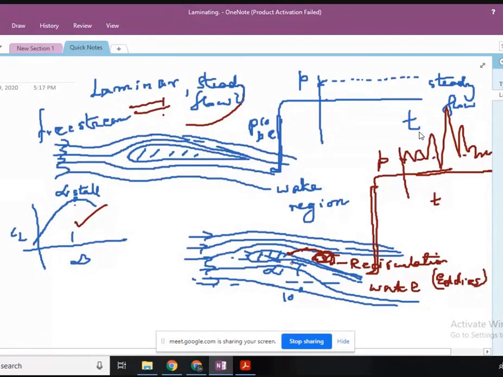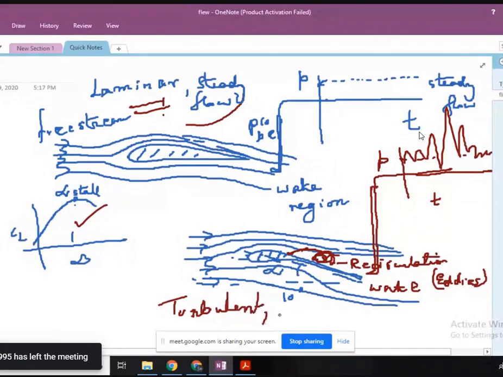This is true for all physics. Okay, when you change the parameters, you should also expect the flow physics will also change, and a different set of equations would have to be solved. So now here you have to go for turbulent, unsteady flow equations.